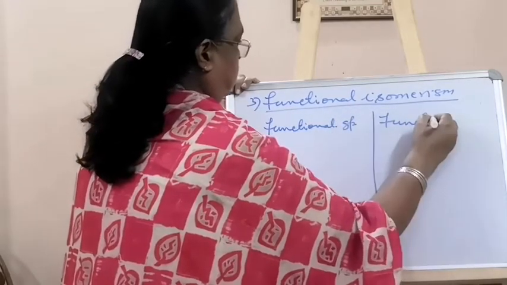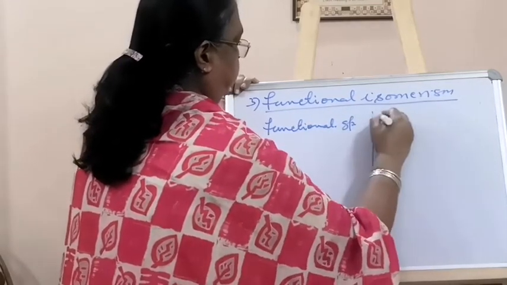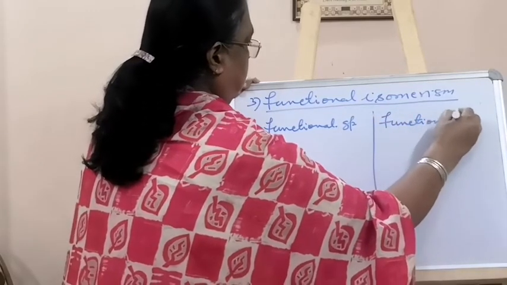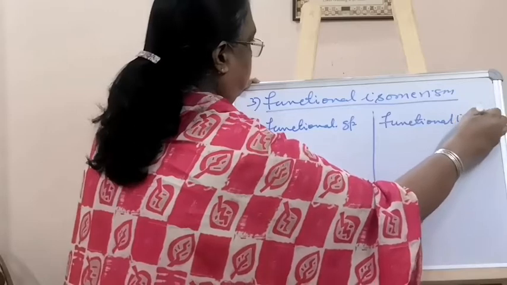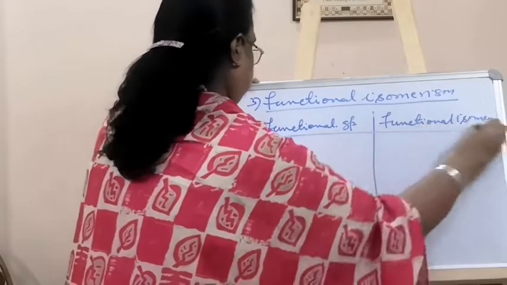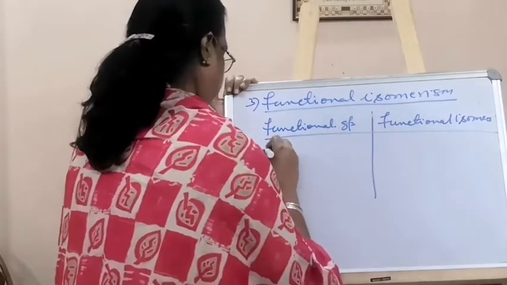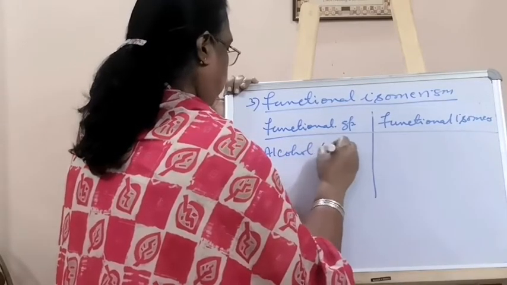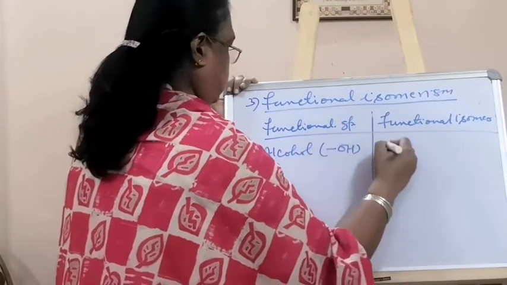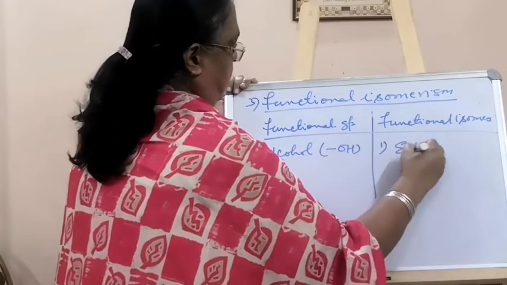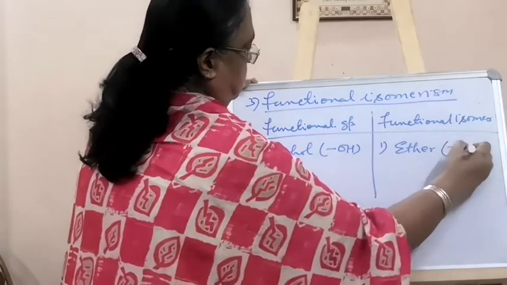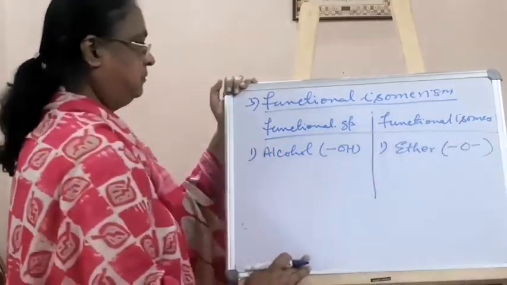The first one is alcohol. Alcohol has the formula OH. Its isomeric form has the functional group ether.